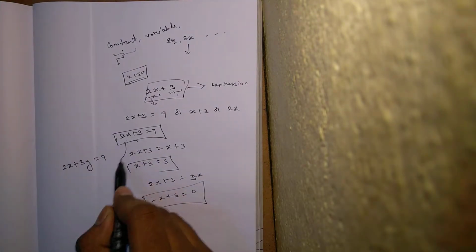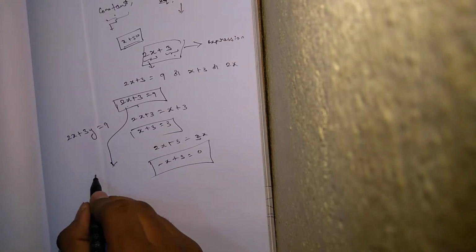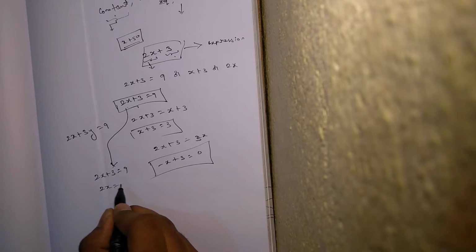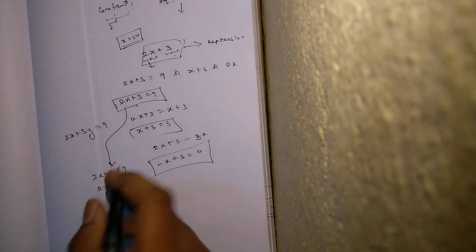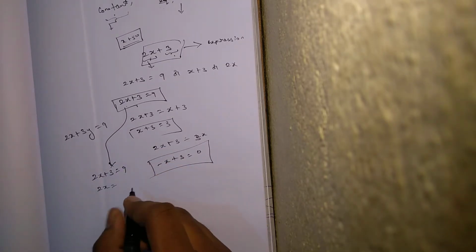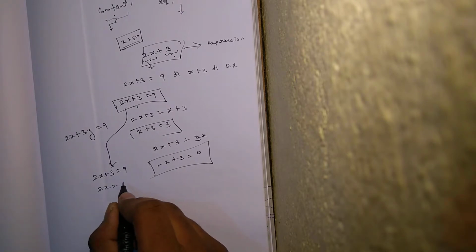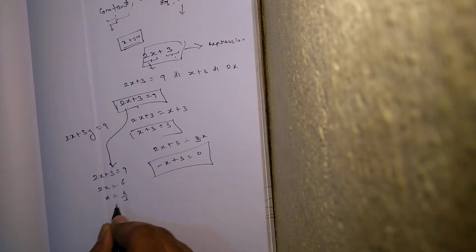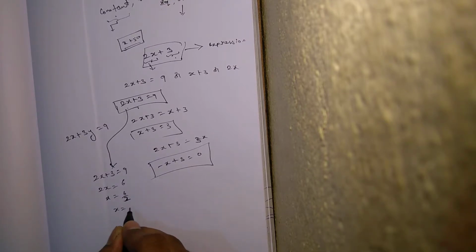And consider this, 2x plus 3 is equal to 9, right? Then 2x becomes 9 minus 3. When you bring that, this 3 goes to the RHS, and 9 minus 3 is equal to 6. So x is equal to 6 by 2, x is equal to 3.